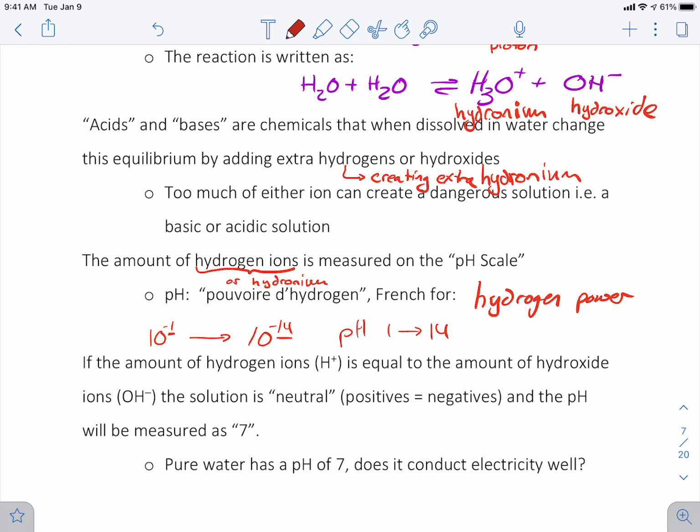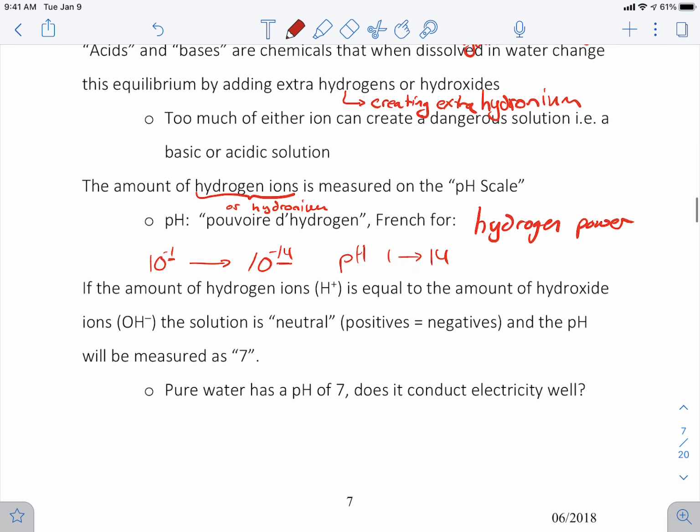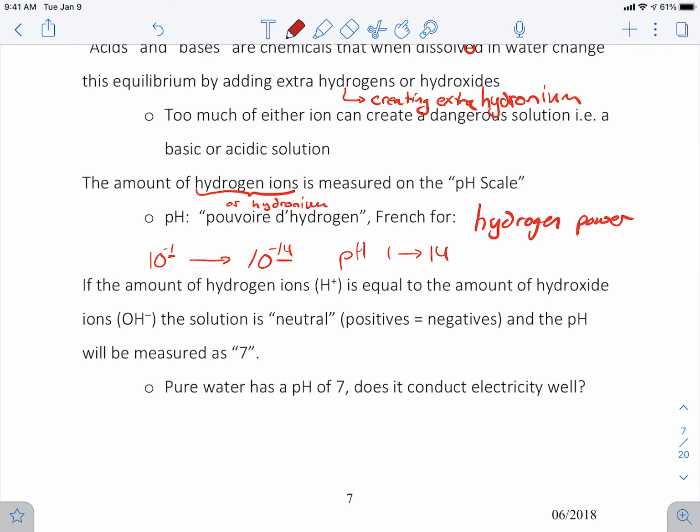But anyways, if the amount of hydrogen ions is equal to the amount of hydroxide ions, then we say it is neutral, and neutral is pH 7. So pure water is pH 7. It has a power of 7 number of hydrogens and a power of 7 number of hydroxides. Power of 7 hydroniums to power of 7 hydroxides.